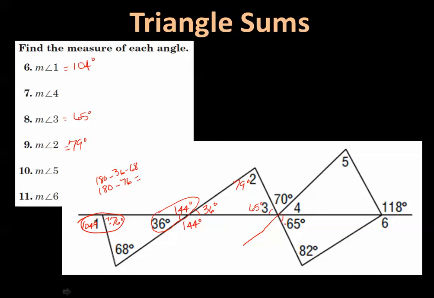Angle 4. Oh look, all three of these angles right here form a linear pair, so I can say 180 minus 65 minus 70 gives me 45 degrees for angle 4.